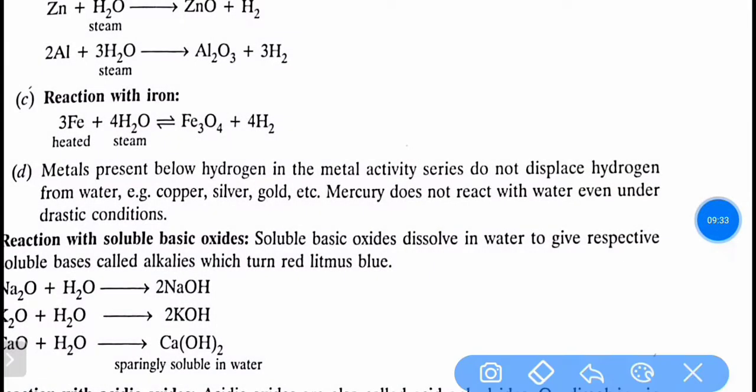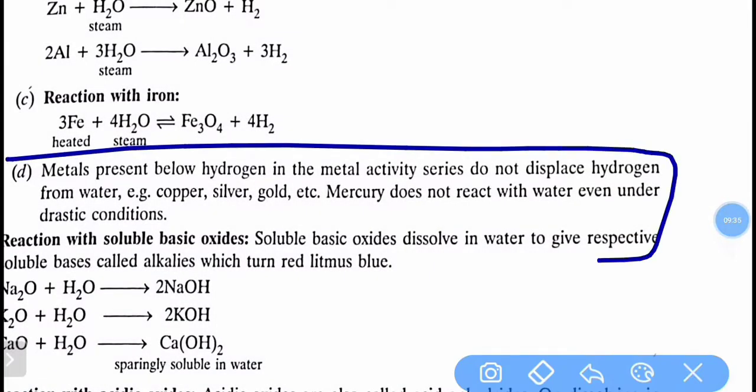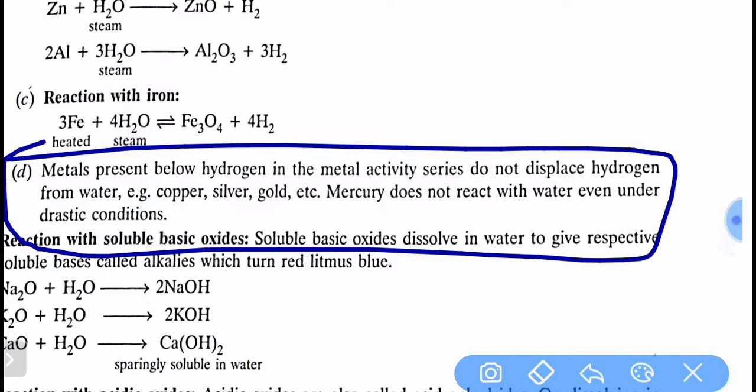Another important term comes here: metals present below hydrogen in the metal activity series do not displace hydrogen from water. Copper, silver, gold, etc. Mercury does not react with water even under drastic conditions. A few weeks ago we already discussed the activity series.